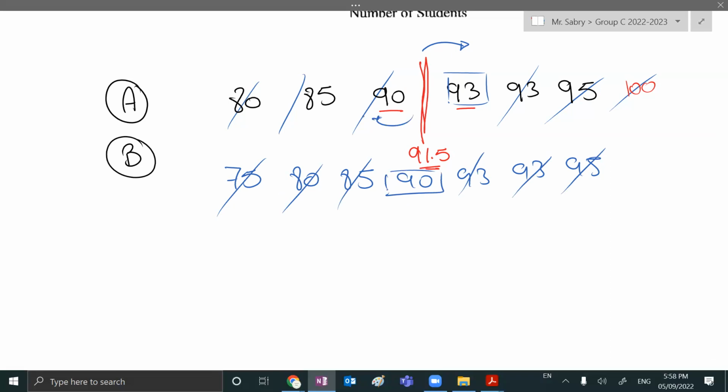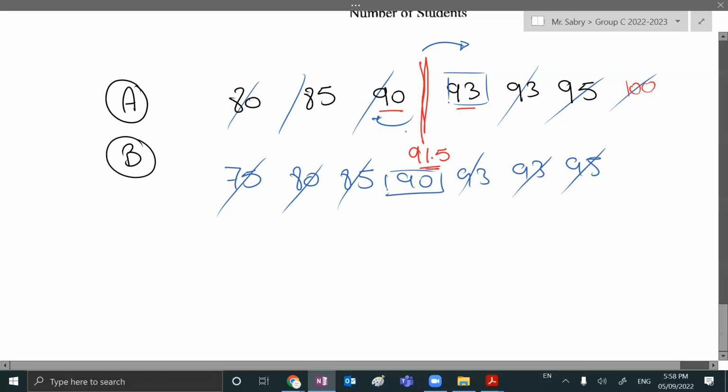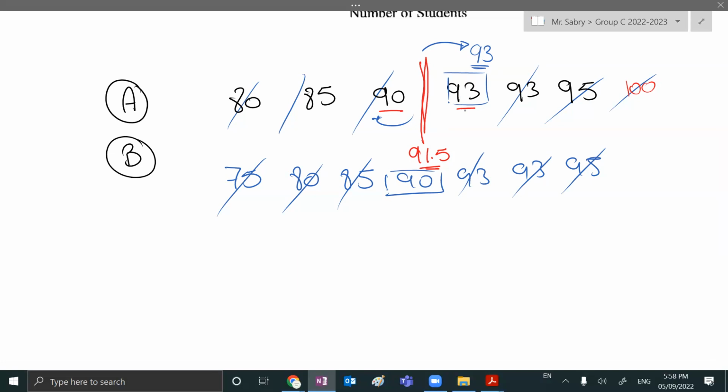And what happens to the mean then? If I added a number that's lower than the mean, it gets smaller. If I added a number that's significantly bigger than the mean, it gets bigger. So here's the trick about the mean. If I added another score of 93, the average will get lower, not bigger, because the sum has increased by a tiny bit, while the number of people has increased by 1.